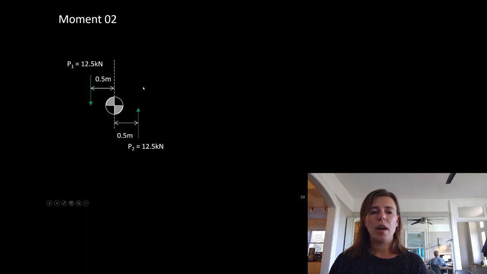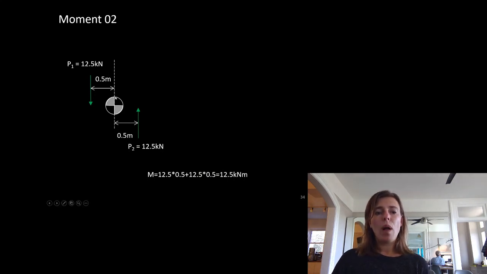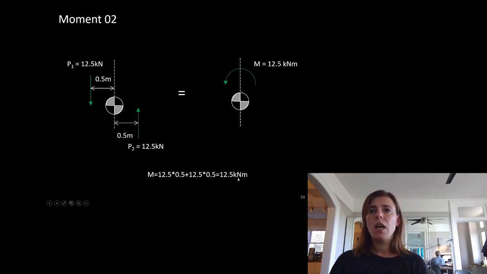This force tries to make the object spin in this direction. Same direction. They both go in the same direction. This force tries to make the object go down, and this force tries to make the object go up. So they're going to balance each other out in translation and only add up to cause the object to spin. So this is equivalent to one moment on the system. We have 12.5 times 0.5 plus 12.5 times 0.5 equals 12.5. Or these two systems are equivalent.